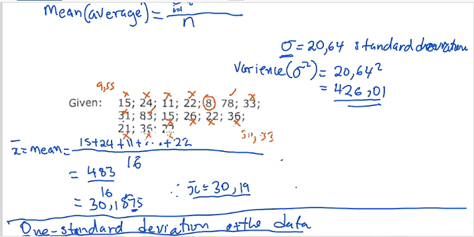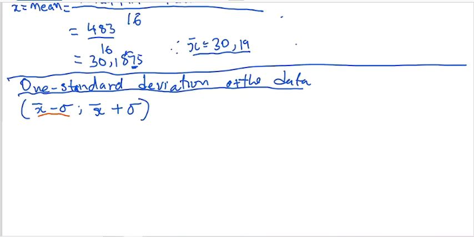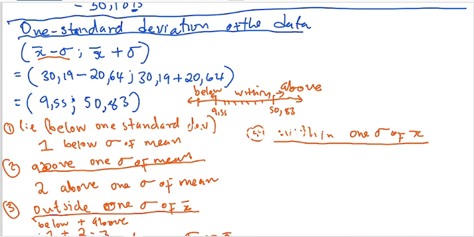So now we can say there are 13 data values within one standard deviation of the mean.